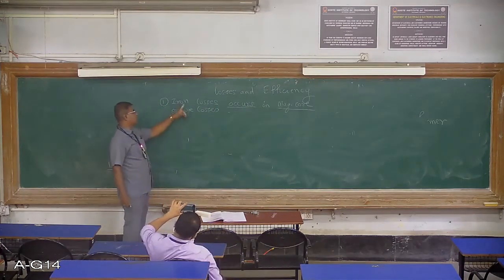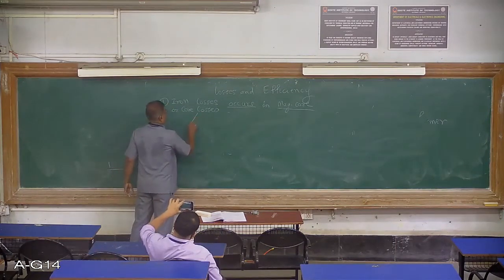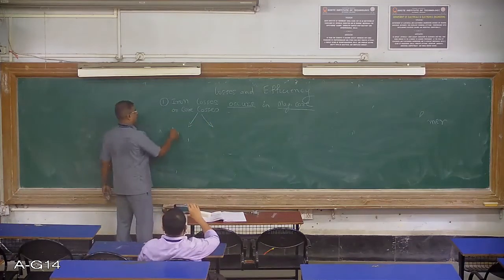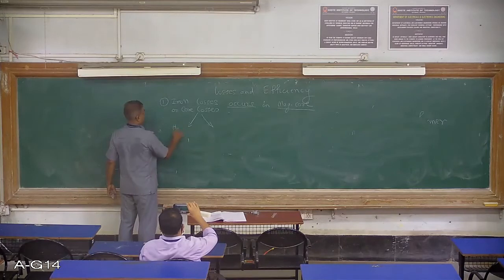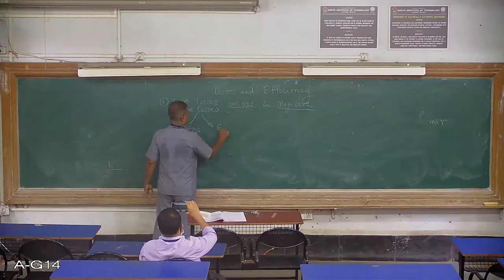Therefore, it is typically called core loss or iron loss. There are two losses under this title. One is hysteresis loss. Another is eddy current loss.